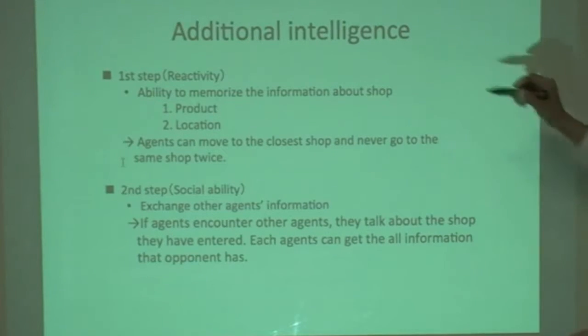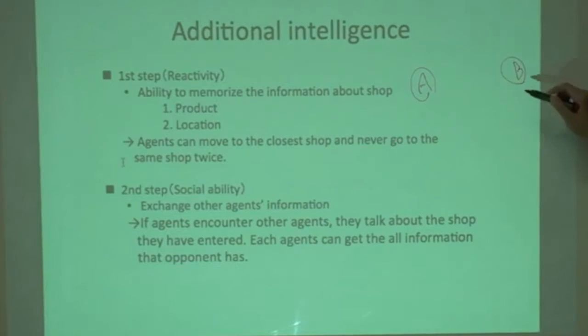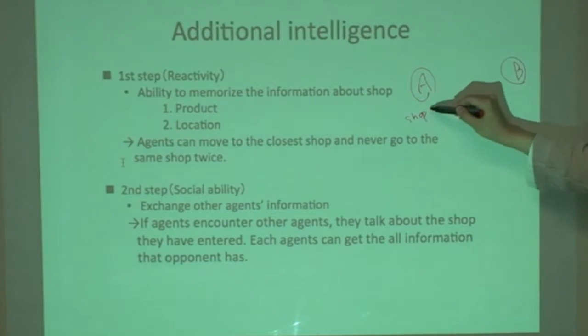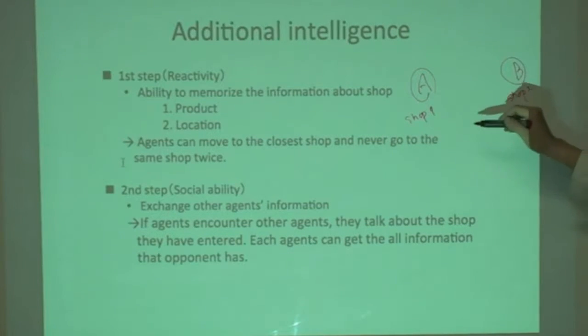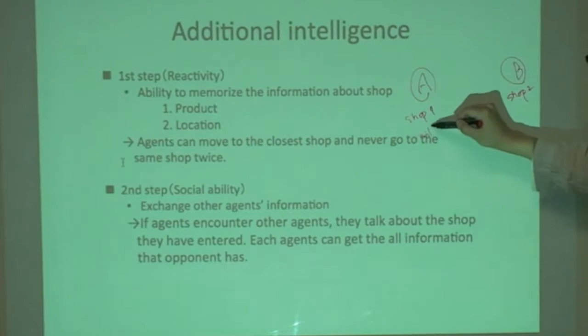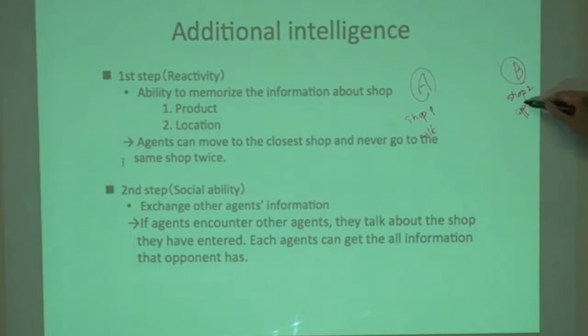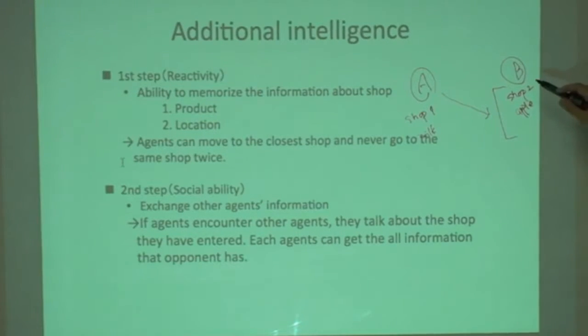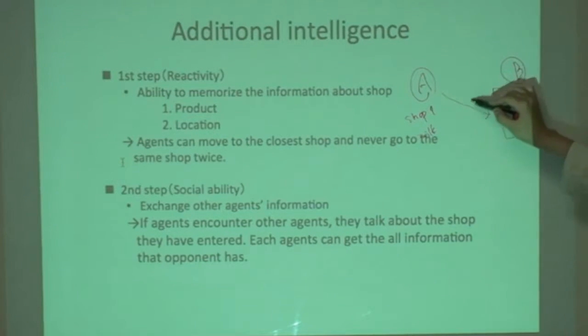For example, agent A and agent B each have information about shops. If an agent encounters the other agent, they talk about the shops they have entered, and agent A copies the other agent's information, and on the other hand agent B copies agent A's information.